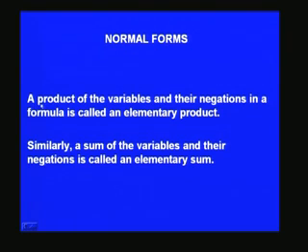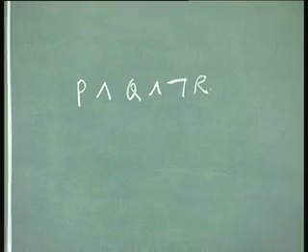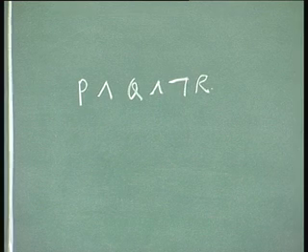A product of the variables and their negations in a formula is called an elementary product. For example, something like P and Q and not R is called an elementary product.